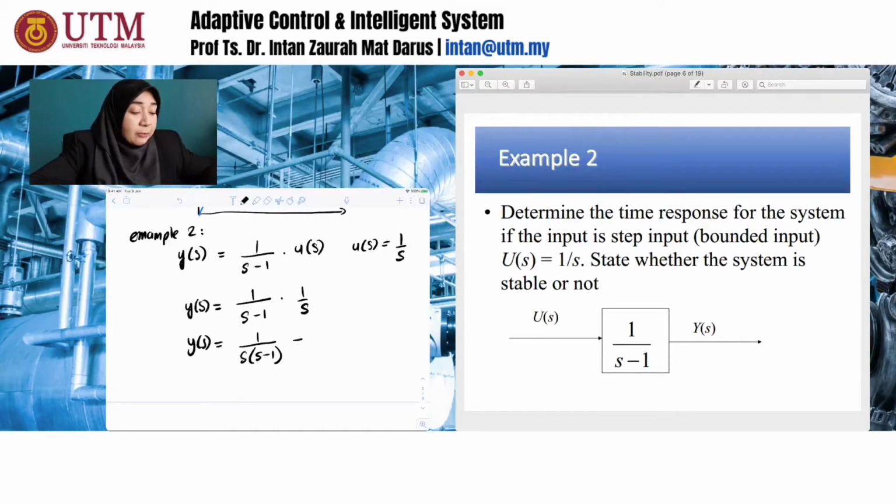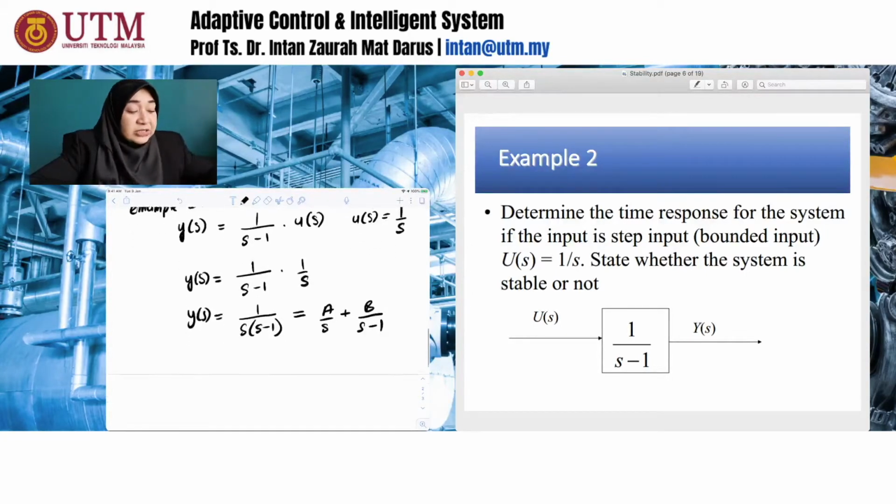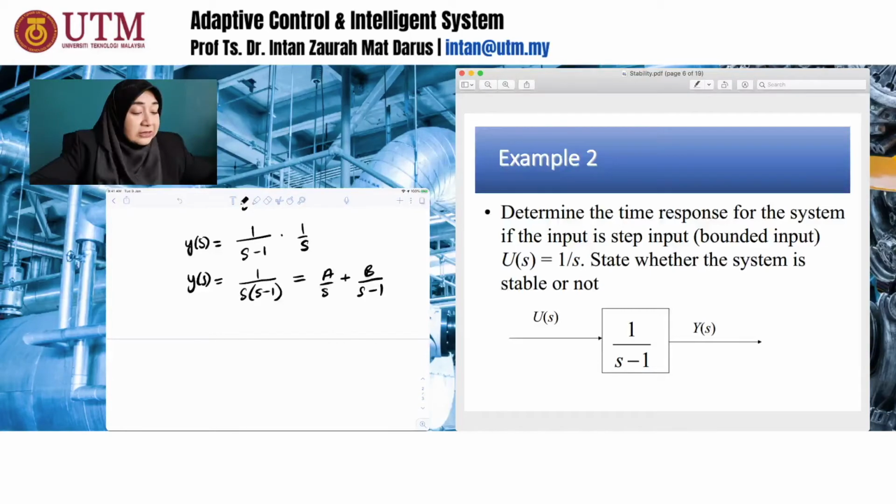Again I'm going to do partial fractions with a over s plus b over s minus 1. When I cross multiply, I'm going to have minus a plus (a plus b)s over s(s minus 1).